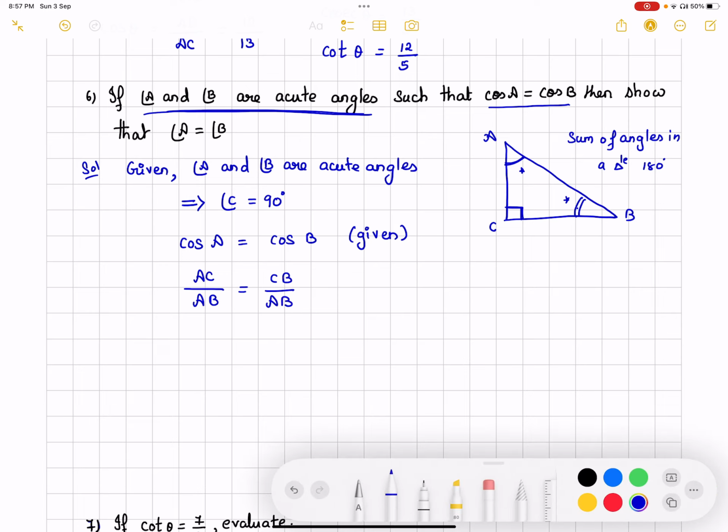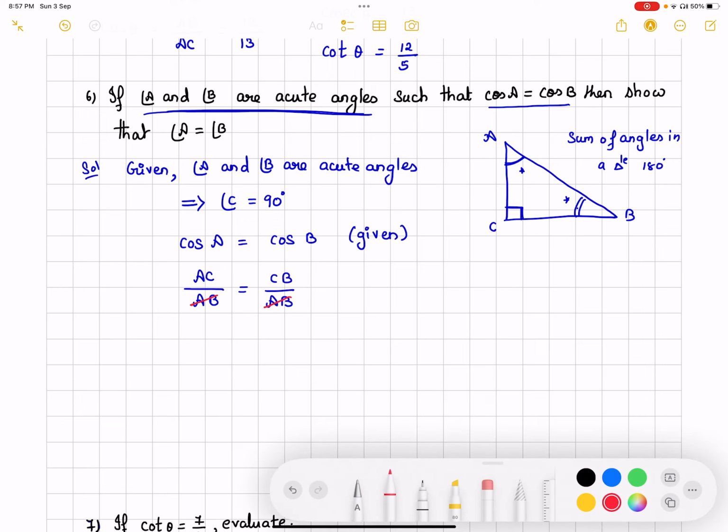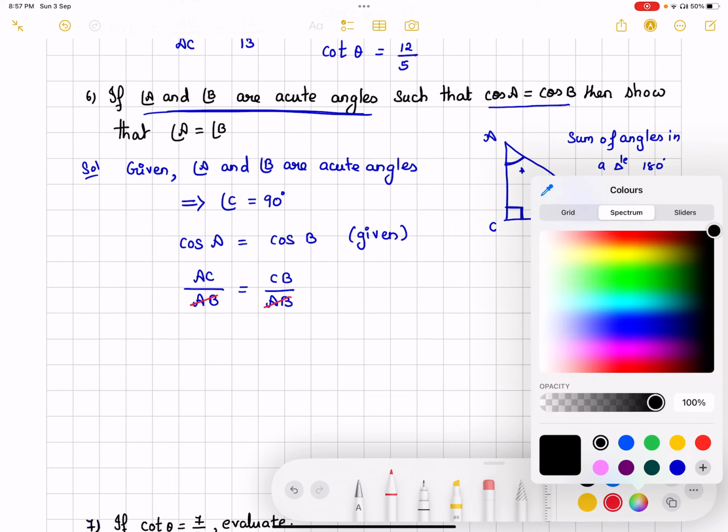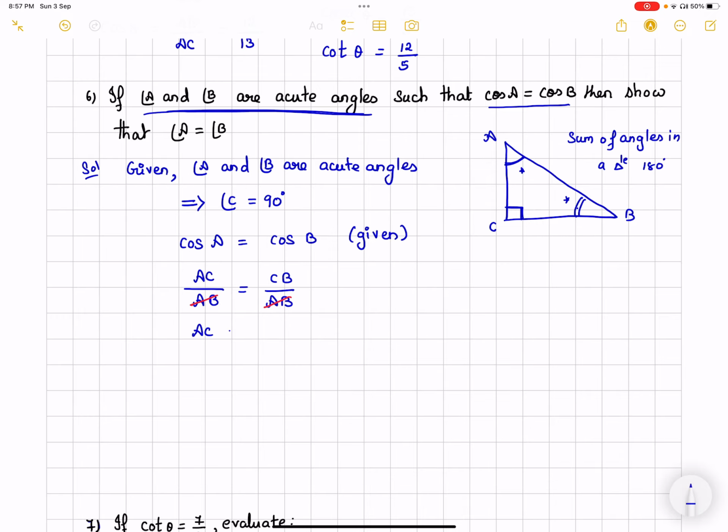Now we know very well that AB and AB get cancelled, because AB goes to the other side and becomes AB divided by AB, so both of them get cancelled. What I'm having right now is AC is equal to CB.